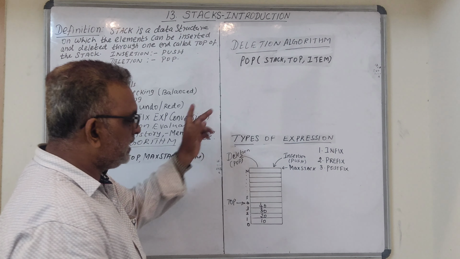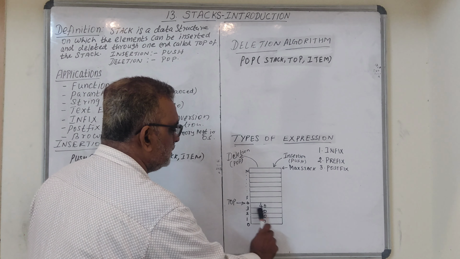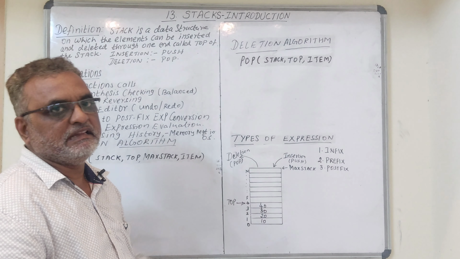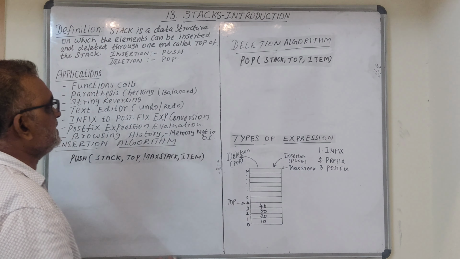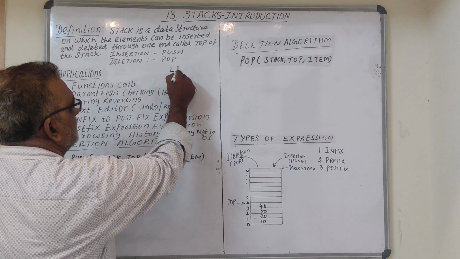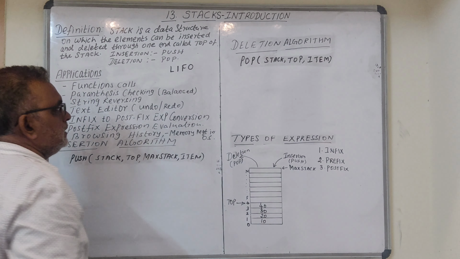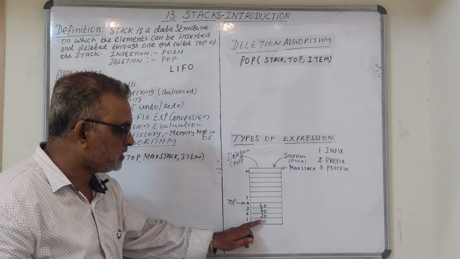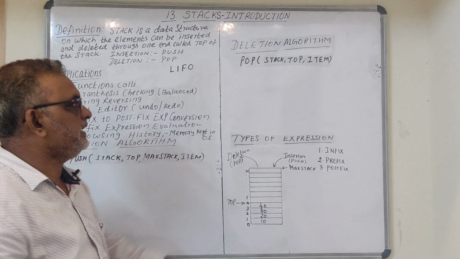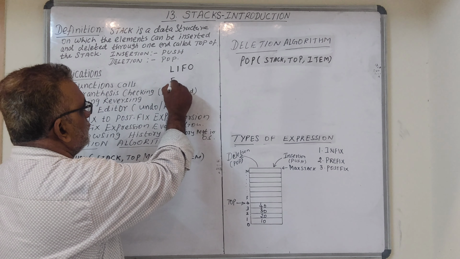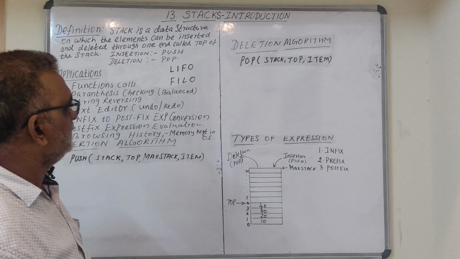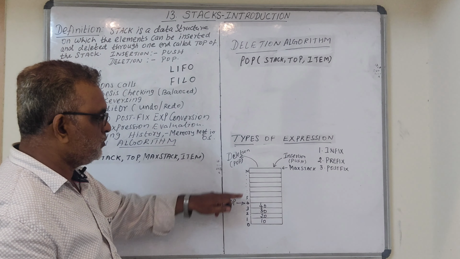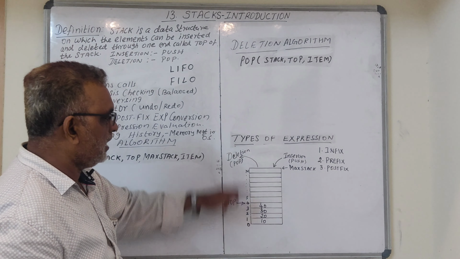If you want to delete an element, the element stored last can be deleted first. So last in, first out, that is the concept of the stack. Similarly, the element stored first can be eliminated last, so first in, last out. Both principles represent the stack: last in, first out, and first in, last out.